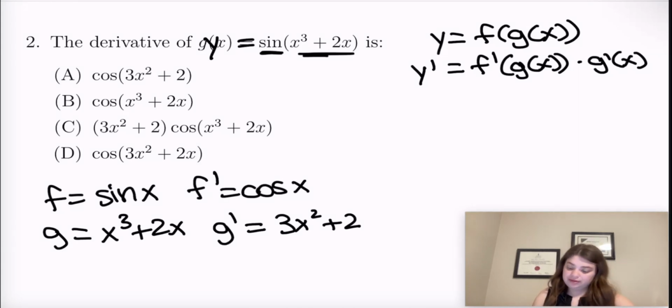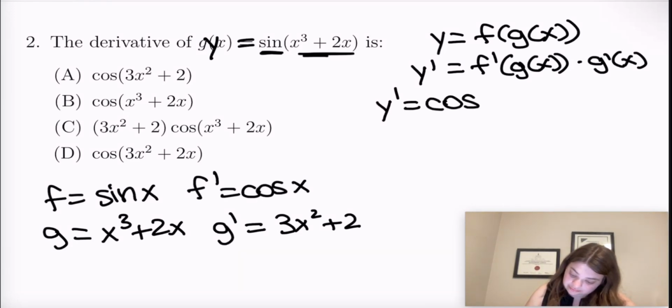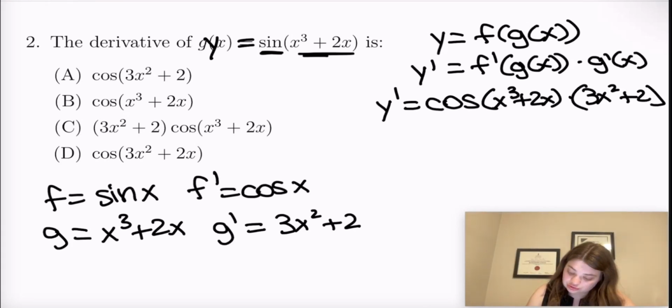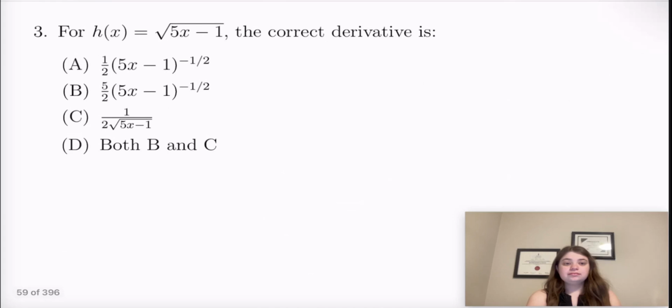And so the answer will be cosine of x cubed plus 2x times 3x squared plus 2, like that. Let's see if any of those matches. Well, if we put this in front rather than at the back, then this second one here, C, does indeed match what we've just done. And so that's going to be our answer for that one.